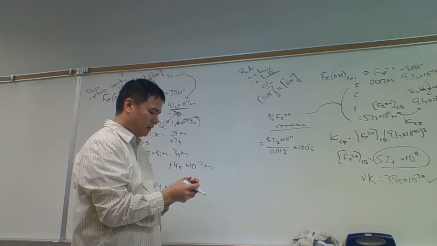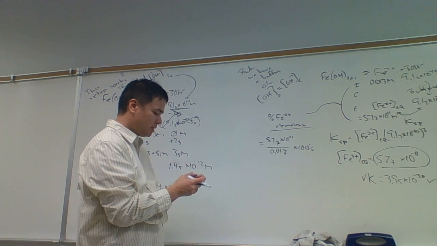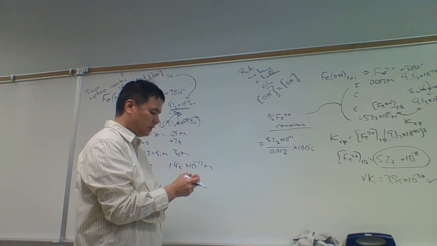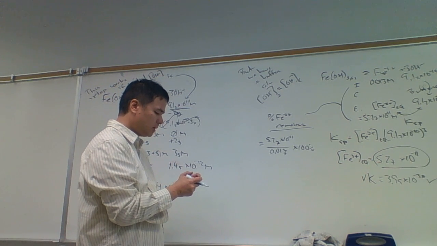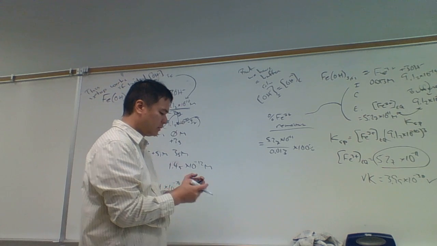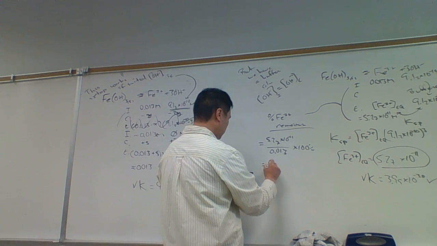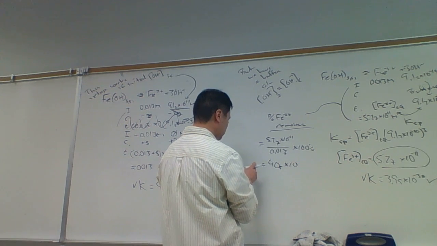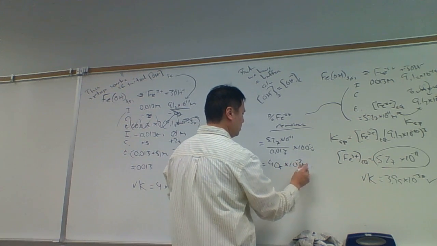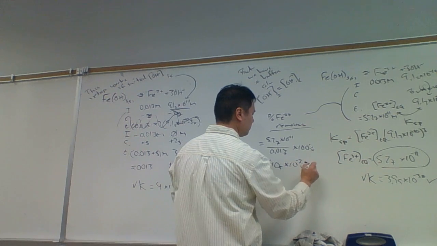And so that's going to be 5.27 times 10 to the minus 11 divided by 0.013 times 100. And so this is 4.05 times 10 to the minus 7 percent remaining.